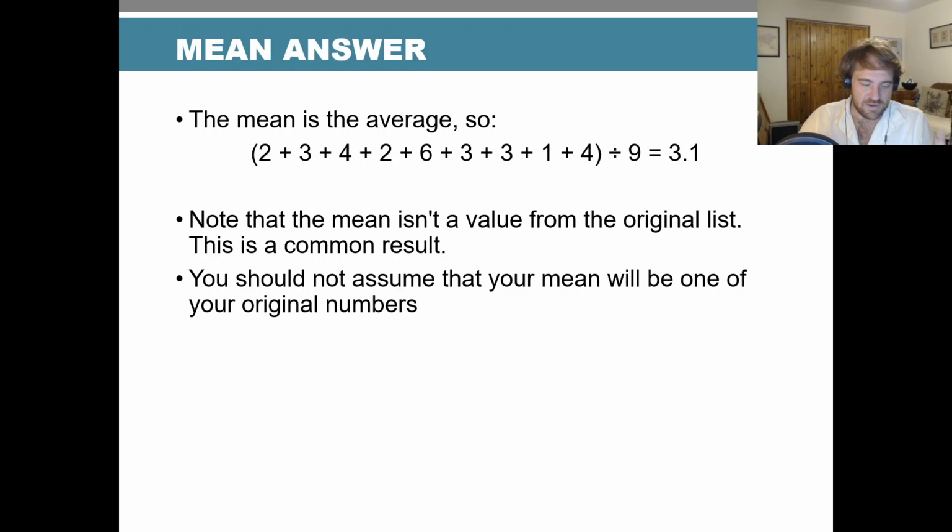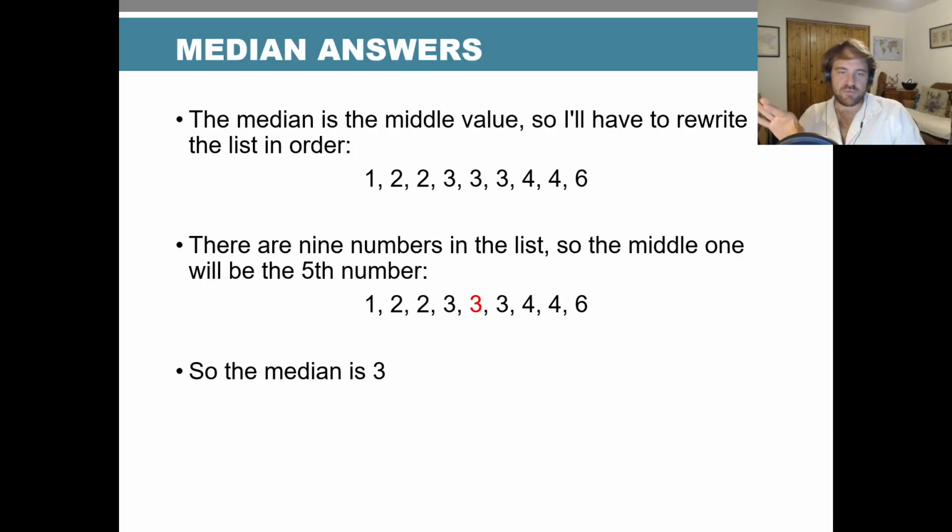So the median is the middle value. So what I have to do for this is rewrite all of these values in order. So instead of that jumble of numbers, because it doesn't matter what order you have numbers in to add them together to find the mean, but it does when you're doing the median. So now we've got 1, 2, 2, 3, 3, 3, 4, 4, 6.